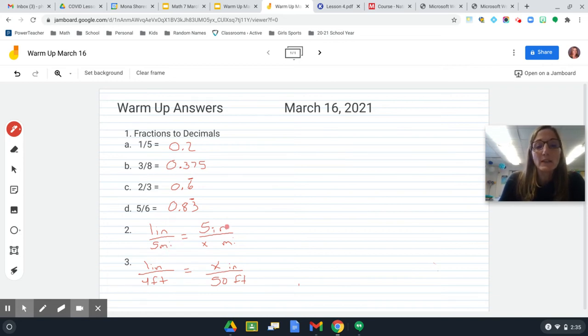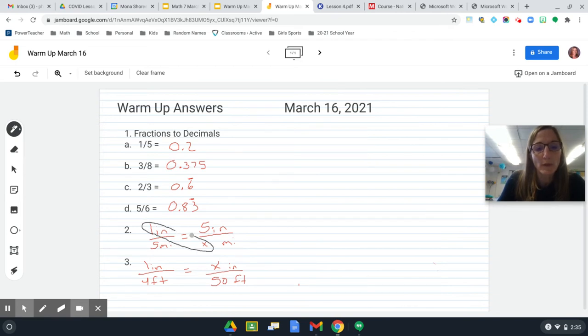So if it's telling us in the story that it's 5 inches across the city Hollywood on the map, we're going to make sure inches and inches are matching here in the numerator. And we're going to solve for X, the number of miles actually driven across Hollywood. And so we talked about labels matching. And now what we're going to do is go through and solve it, right?